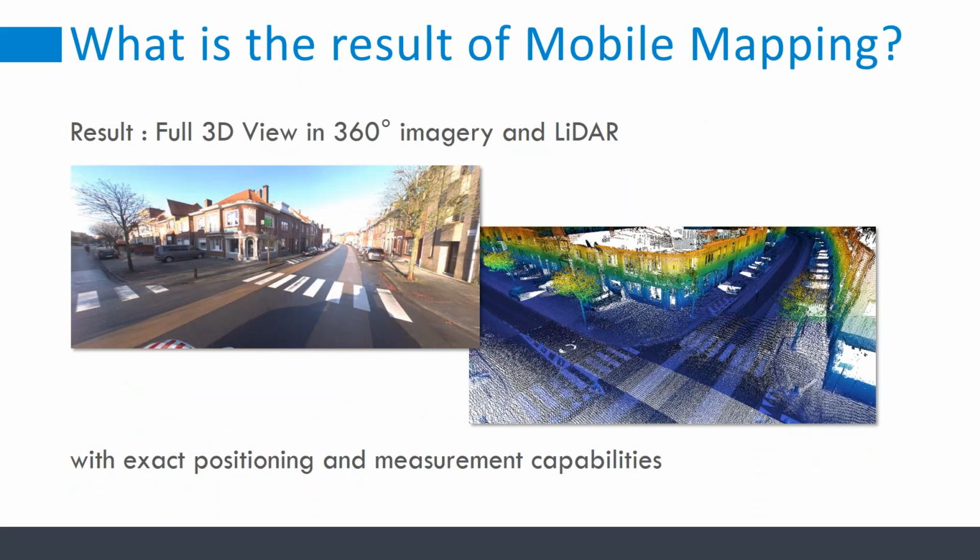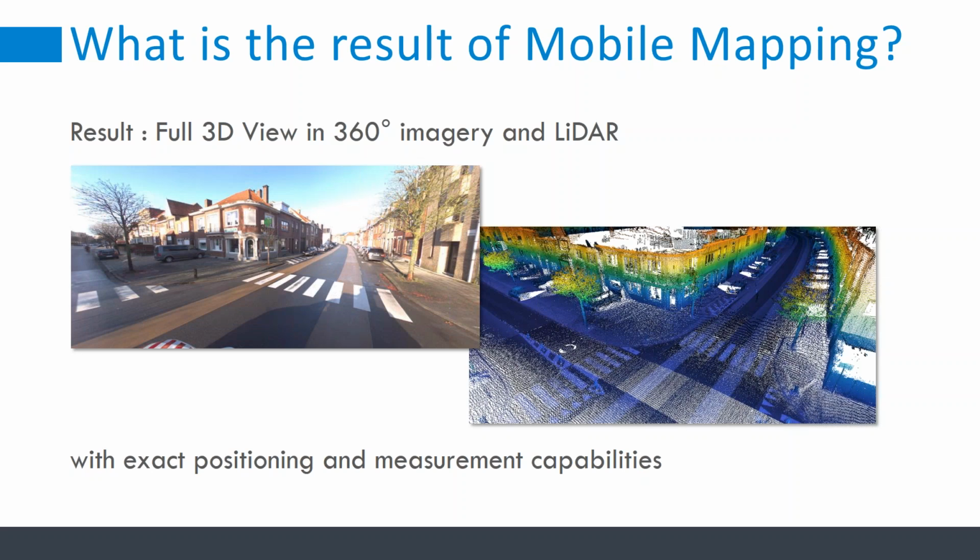So what is the result? The result of mobile mapping, so these platforms that collect this data, is a combination of a picture and a scan. Or of course, each one separately. You have, of course, systems that only scan or only take pictures, or of course have the combination of the two resources.